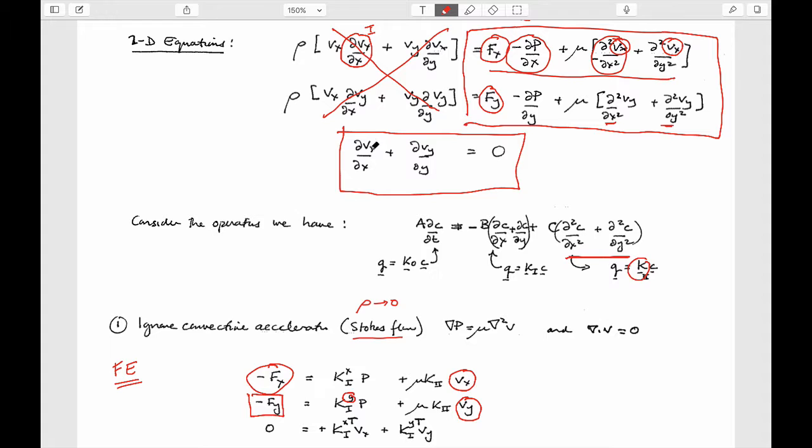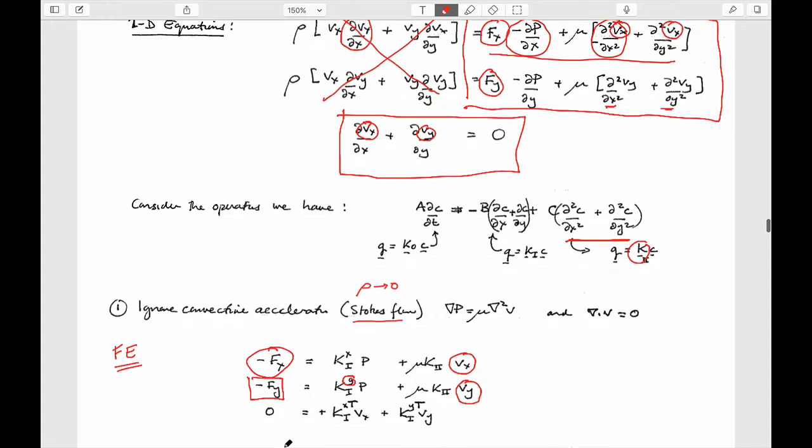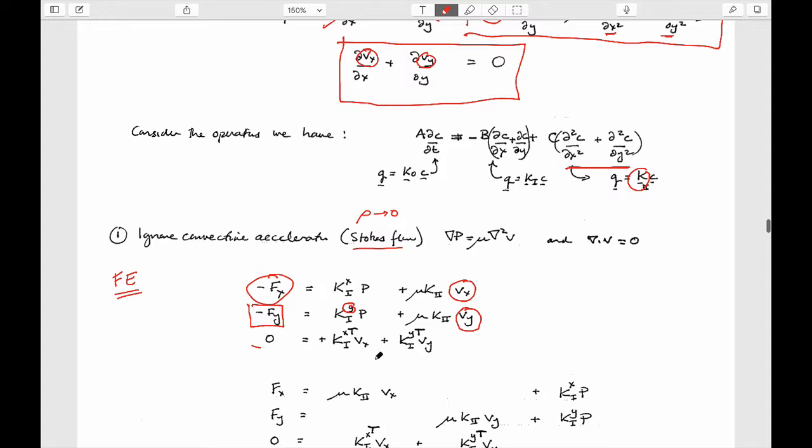And finally, the continuity equation, first order, and it operates both on x and y. And so if we write this down here at the bottom, you see here, it operates both on x and y as a dependent variable. And it's the first order equation, dv dx and dv dy. So it's this first order.